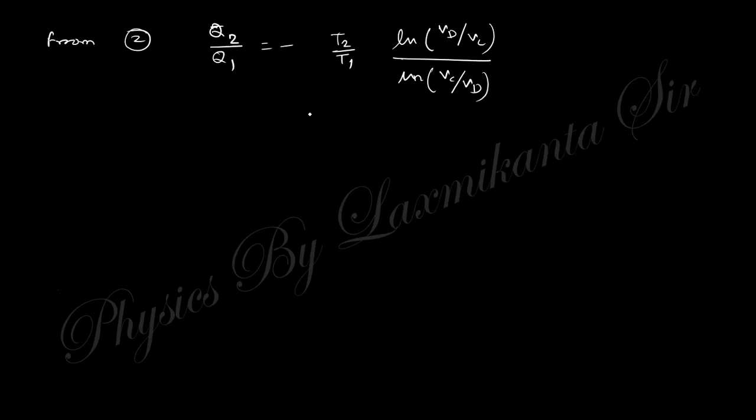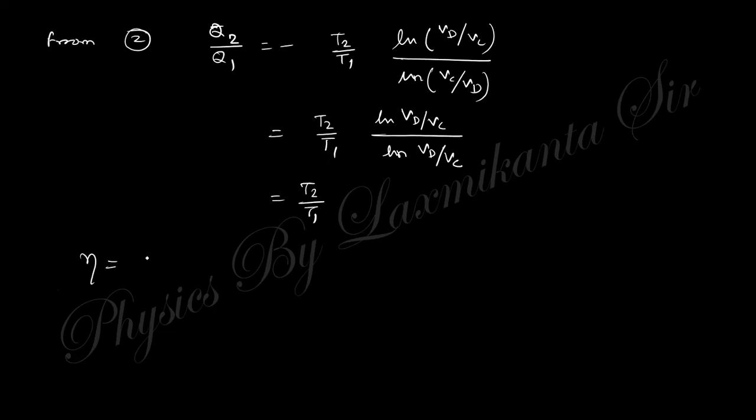If you reverse this, there is a minus, so this gives us plus. So T2 by T1 ln Vd by Vc over ln Vd by Vc, and finally these two cancel out, leaving T2 by T1.